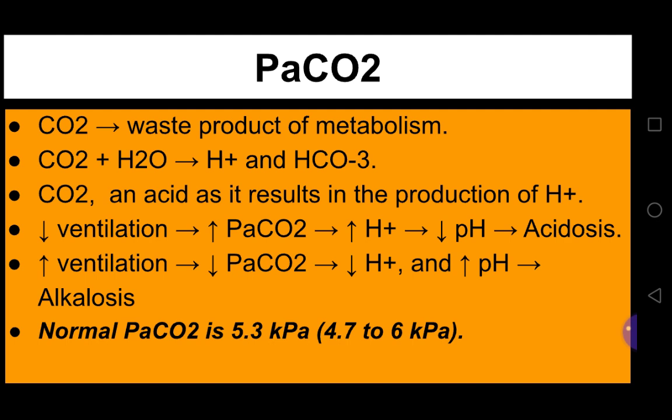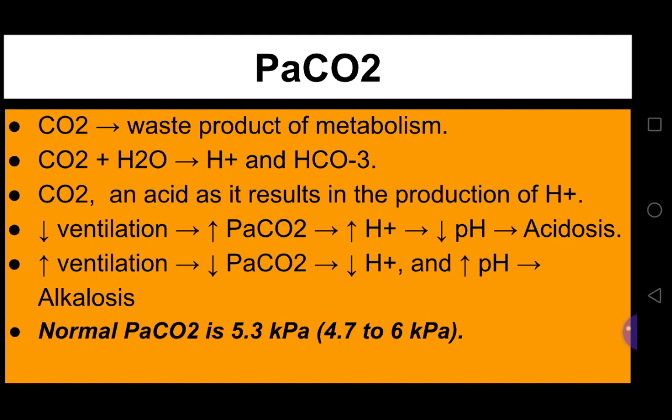states, plasma carbon dioxide concentration goes up, and thus hydrogen ion production is increased, and it leads to a fall in pH, which means blood becomes more acidic.